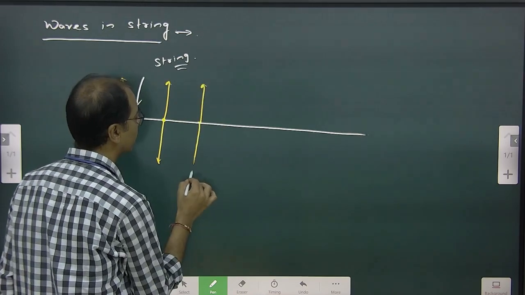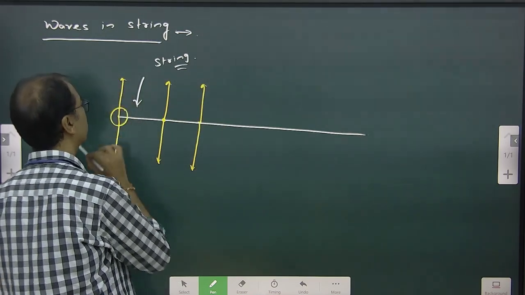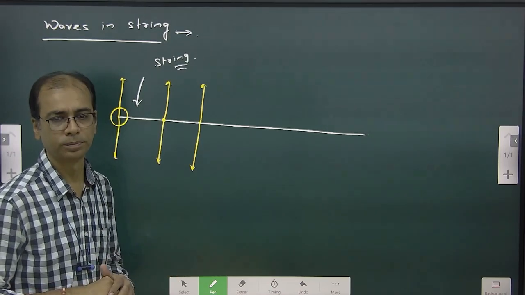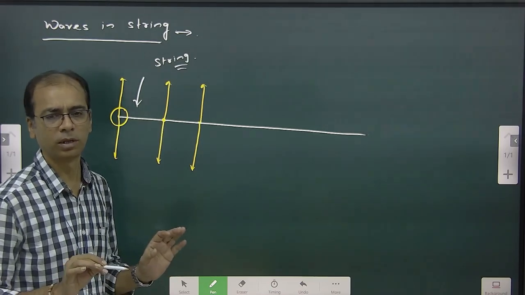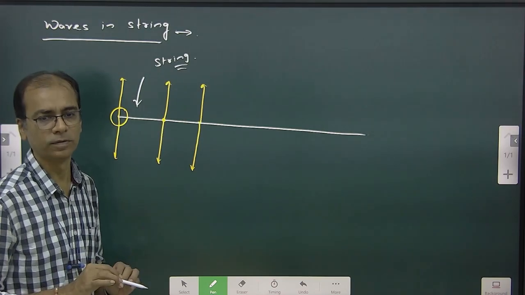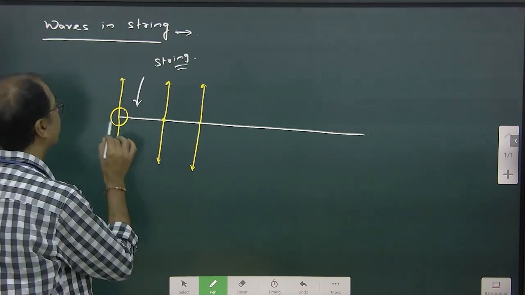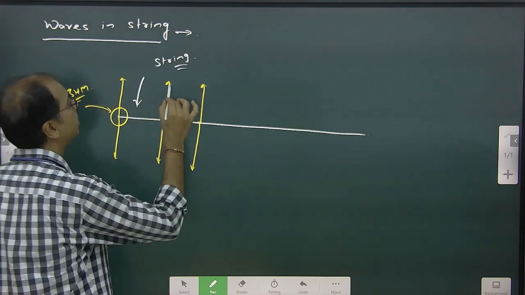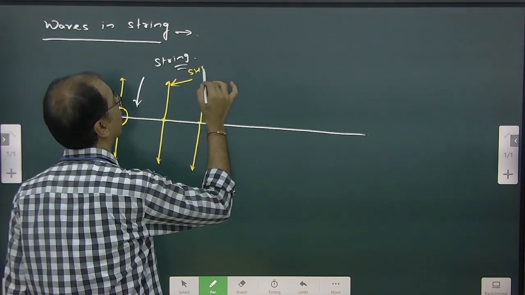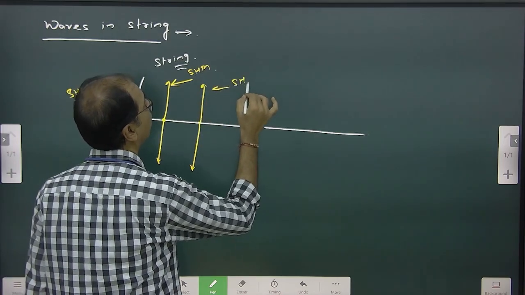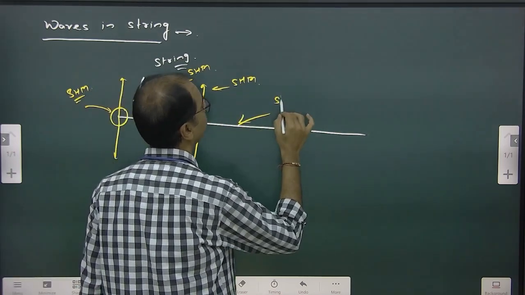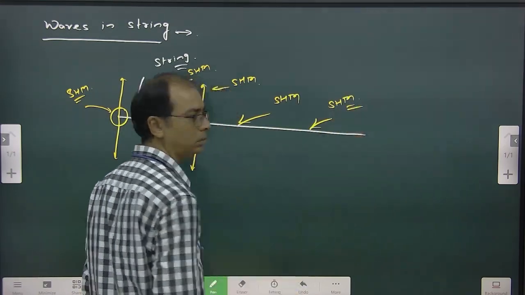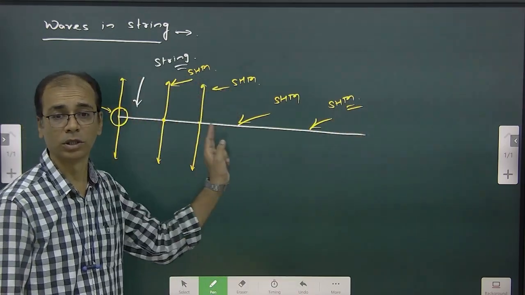So what I'm trying to say is, suppose the motion of my hand is simple harmonic. We have simple harmonic waves only. If my hand is doing simple harmonic motion, then all the particles on this string are also doing simple harmonic motion, the same motion.